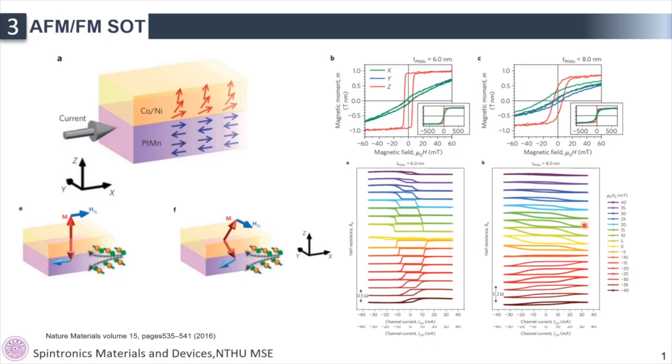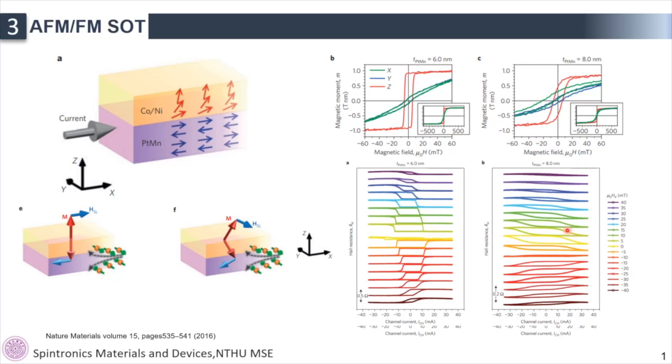For the hysteresis loops below, there are loops for Hall resistance versus channel current obtained under various exchange bias for the thickness of platinum manganese equal to 6 nanometers and 8 nanometers respectively. For the left one, no loop is observed at exchange bias equal to 0.